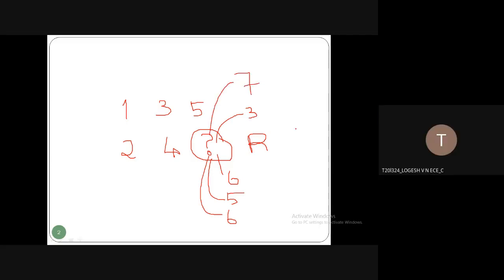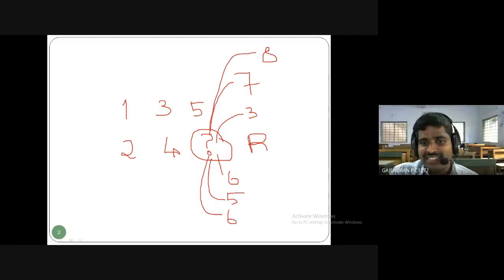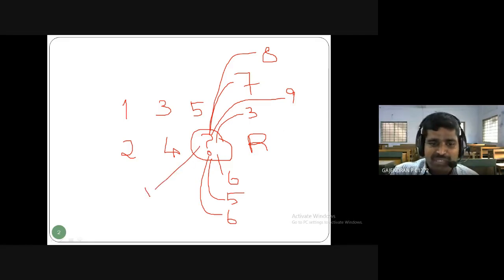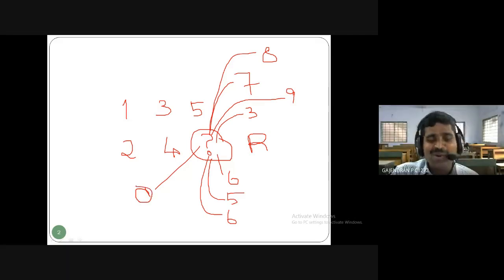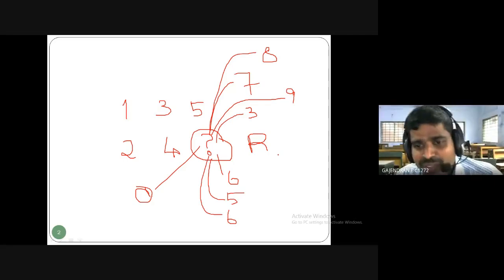Then 8. Then 9. Then why not 1, 2, 4? 0. So all the missing components we have tried.